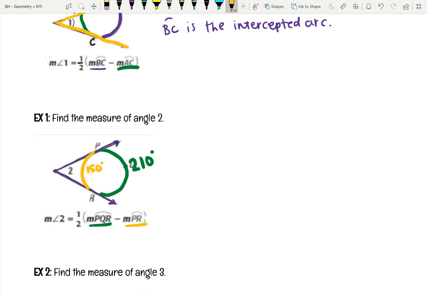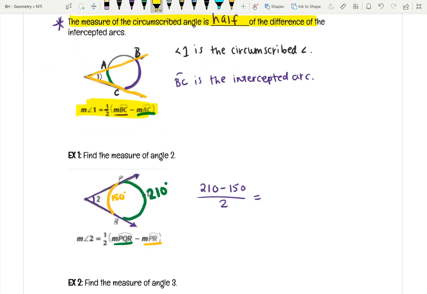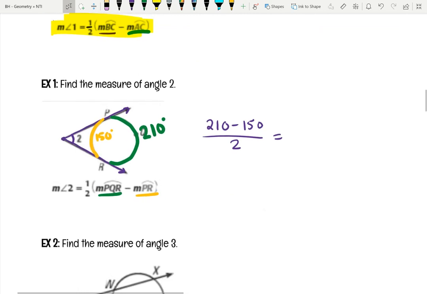So to find angle 2 right here, we actually need to subtract. I'm going to subtract 210 minus 150, and then I take half of that or divide by 2. And that's exactly what is up here in this formula and in this definition. So 210 minus 150 is 60 degrees, and then we need to take half of that.